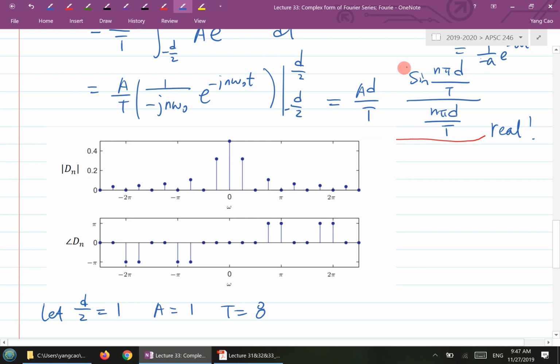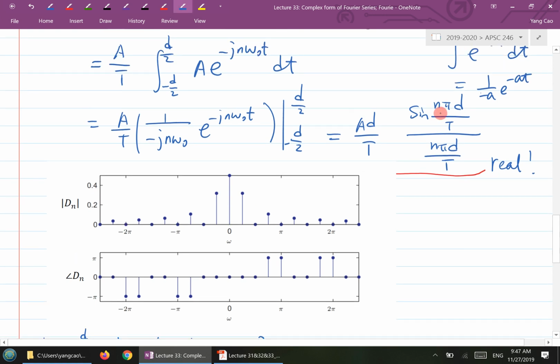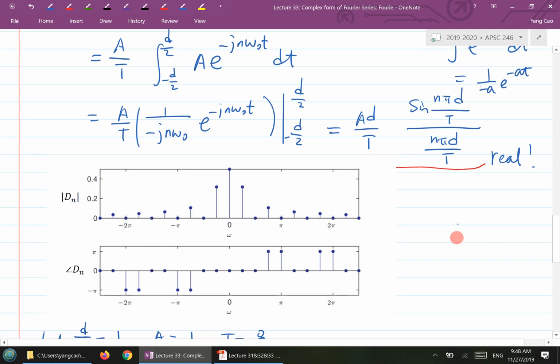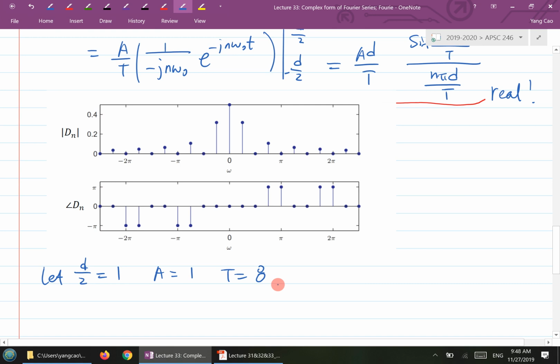Whenever you plug an n number into this, you get a magnitude. We take the absolute value, we plot it, so this is what you get for the absolute value of this under that set of values.